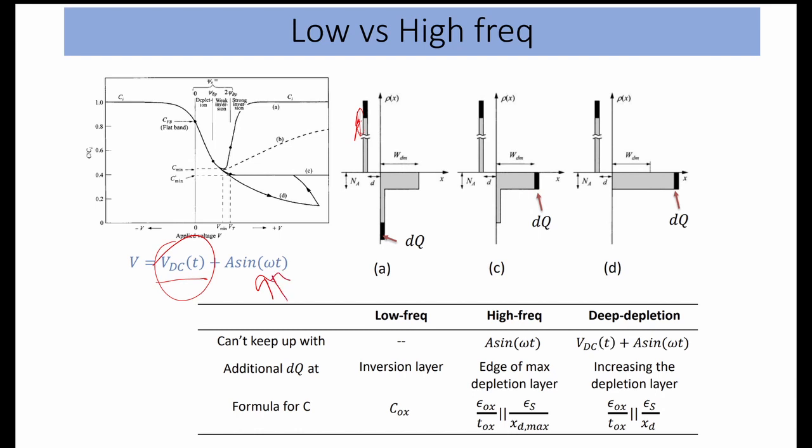After inversion, there is the inversion charge at this junction, and this is the depletion region, the charges due to the immobile ions. How this junction behaves because of the sinusoidal wave is what we are capturing in this CV characteristics. This positive voltage is nothing but this DC voltage.